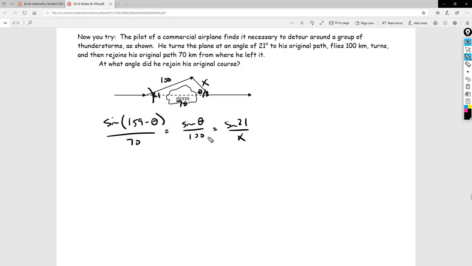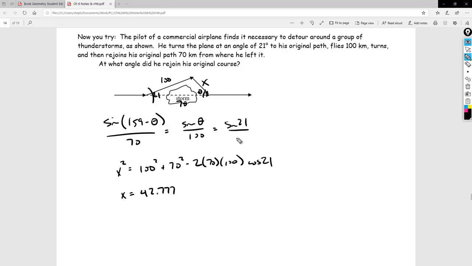Now what I can do is solve for x using law of cosines. Okay, so I know that x squared must be 100 squared plus 70 squared minus 2 times 70 times 100 cosine of 21. Alright, solve this, don't forget to square root, and I get that x is 42.777.